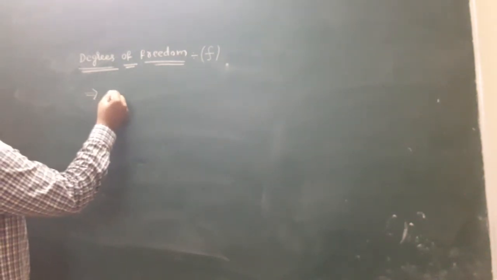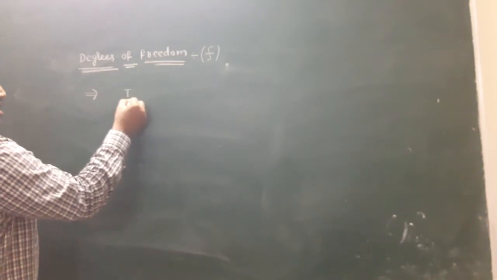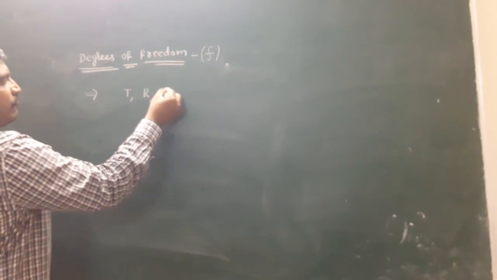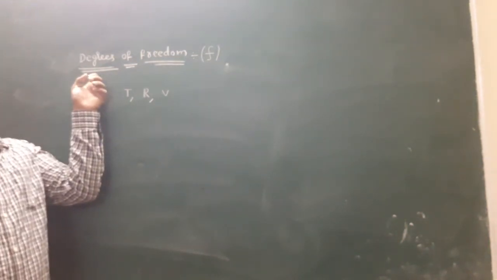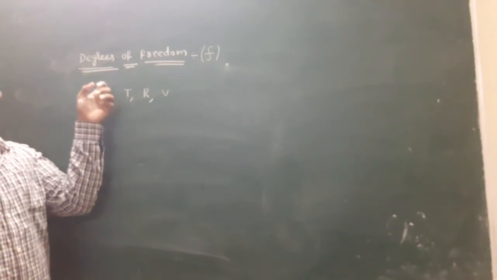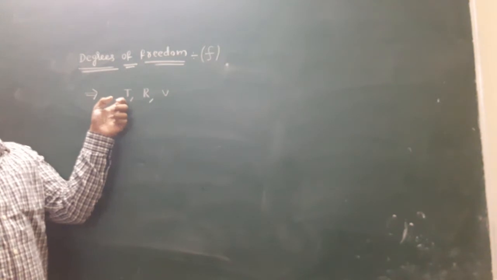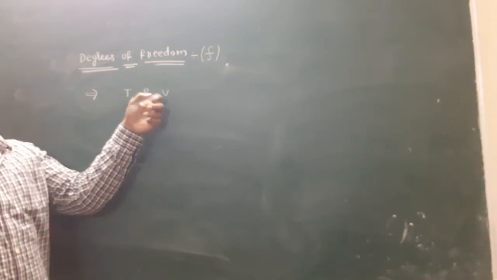it indicates how many translatory motions, how many rotatory motions, how many vibratory motions a molecule contains. Once again I repeat, degrees of freedom means one molecule contains how many translatory motions, how many rotatory motions, how many vibratory motions.